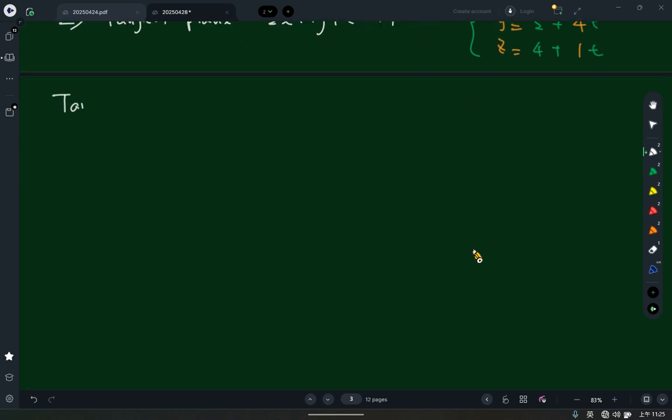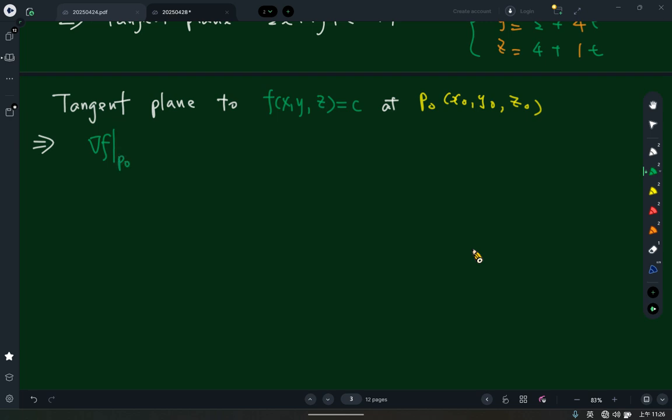I just want to summarize the process. If I ask you to calculate the tangent plane to f(x, y, z) = c at the spatial point P0 = (x0, y0, z0), the result is: the gradient vector of f at P0, inner product with (x, y, z) minus (x0, y0, z0), should be 0.